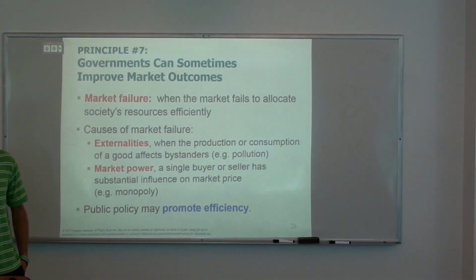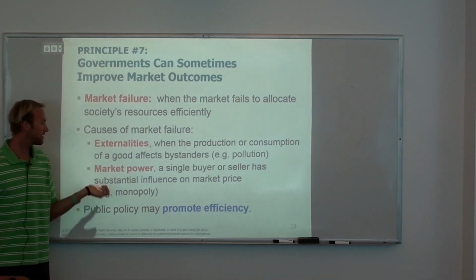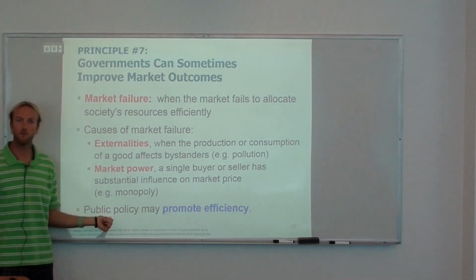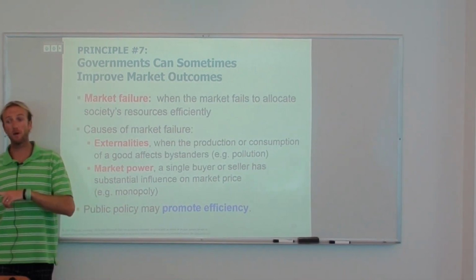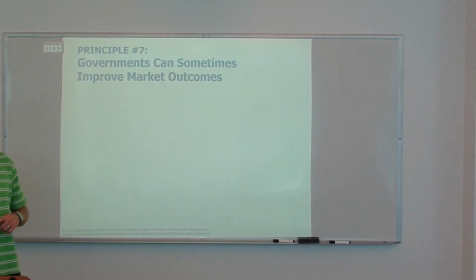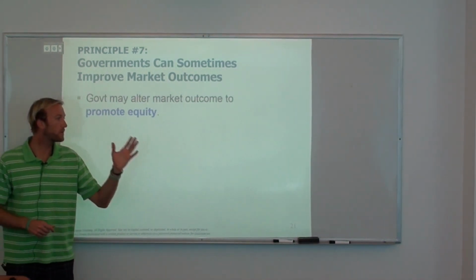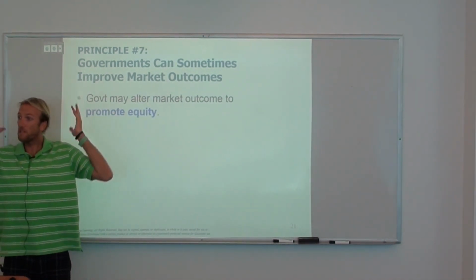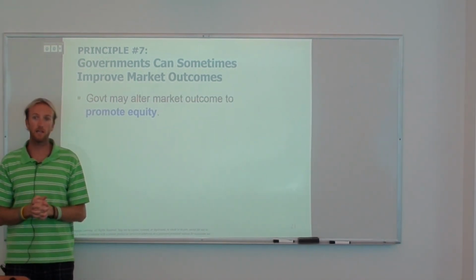Cool. Oh, and public policy is what we call it when the government gets involved. Public policy can promote efficiency, or it can promote equality, right? These are two goals we might have for our society.